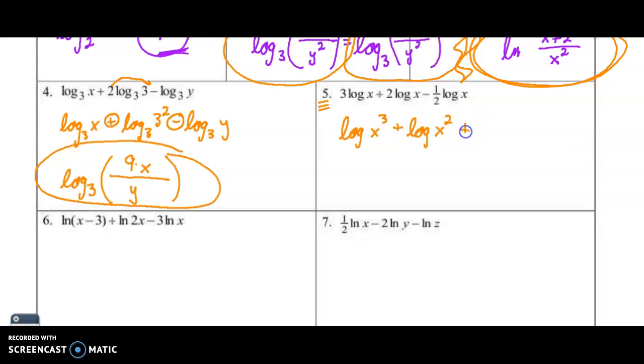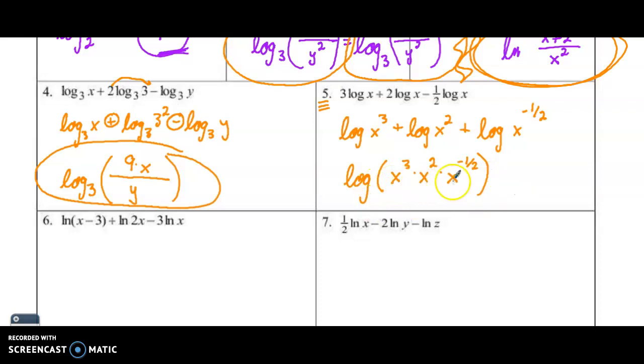What you could actually do is keep that negative attached to that. So I'm looking at log of x to the negative 1/2 power. So now as you're looking at all of that, you could even combine them all by doing multiplication. Log of x cubed times x squared times x to the negative 1/2.